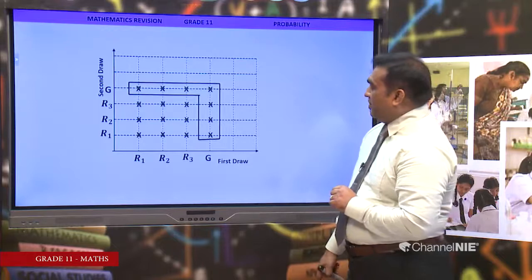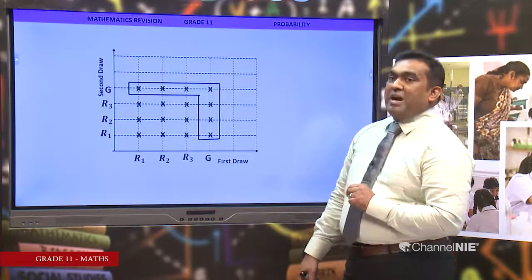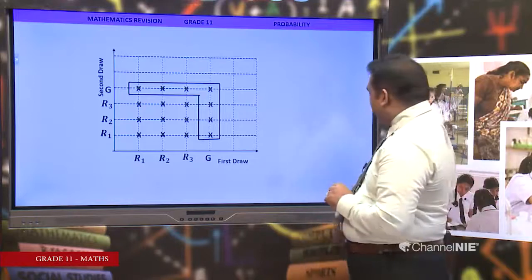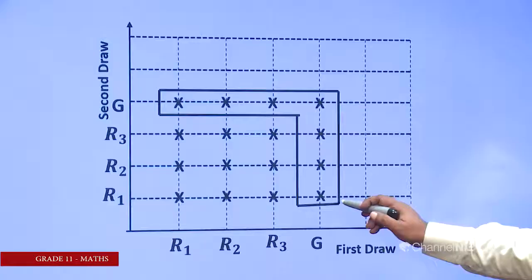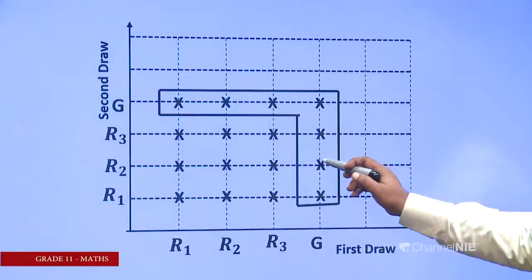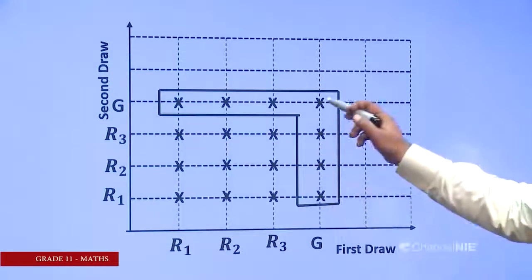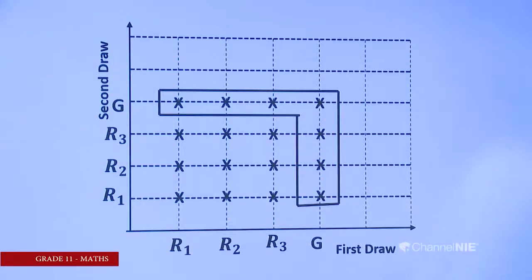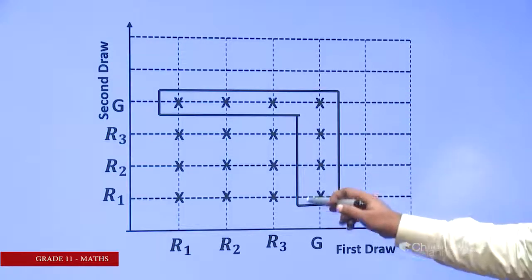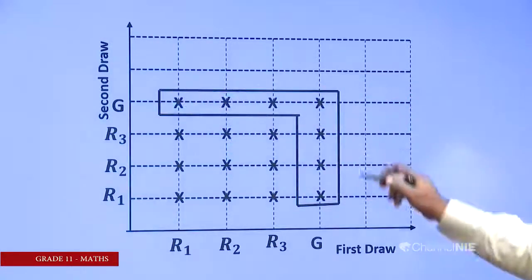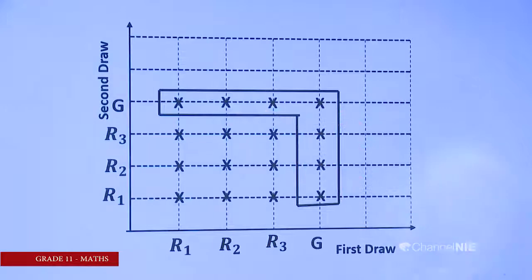This is the probability of getting a green ball at least once. Here, green red 2, green red 3, green green. According to the condition, this is the enclosed region.